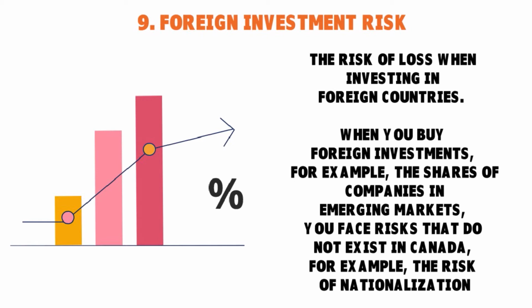The risk of nationalization is also called foreign investment risk. Now, there are ways to counter that kind of risk, for example, going through the protocols and procedures put in place by the World Trade Organization, the WTO. You also have an international court of justice that allows companies to mitigate the risk of nationalization.